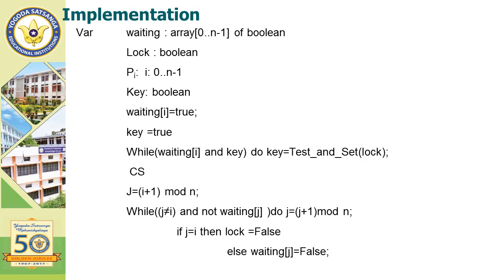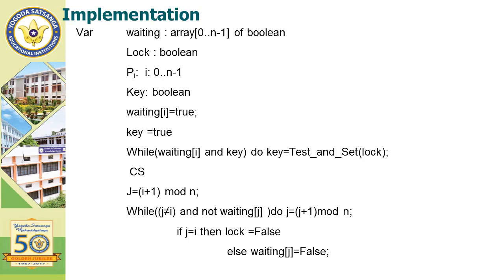But in the exit section, it has to hand over the critical section to one of the processes. So the code executes in this manner: if j is not equal to i and not waiting j, then do j equals j plus 1 mod n.